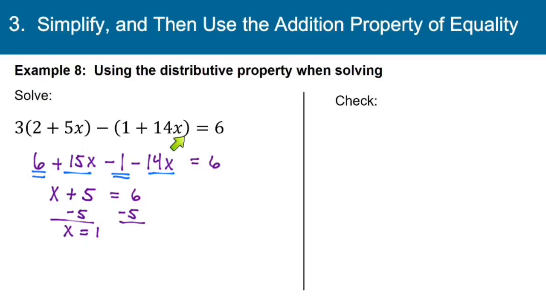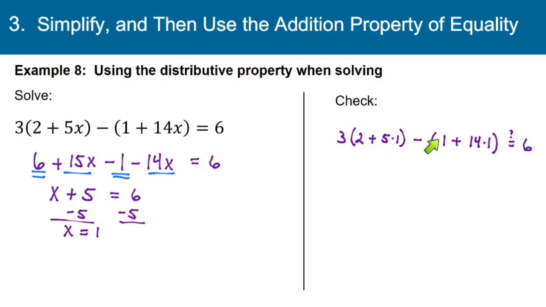Let's plug 1 into the equation and see if it works out correctly. So I'm just going to copy this over, putting 1 in place of the x's. So that's going to be 3 times 2 plus 5 times 1 minus parentheses 1 plus 14 times 1 equals 6. Okay, now remember, we just use order of operations on the left side to simplify everything.